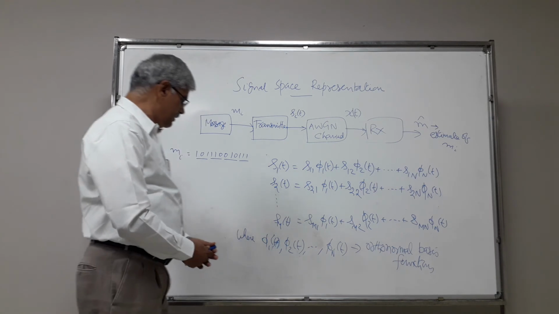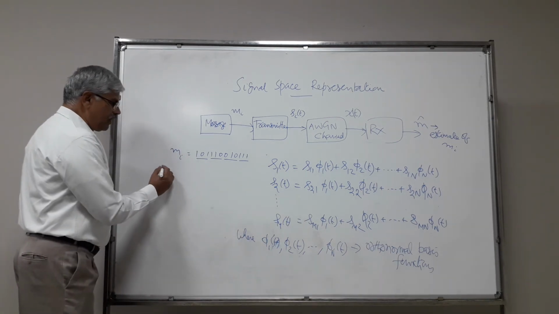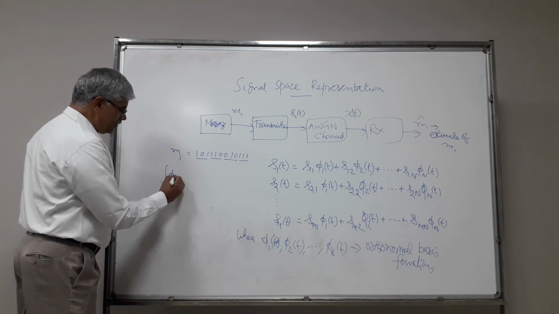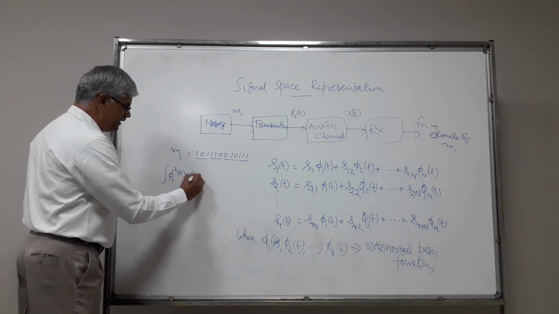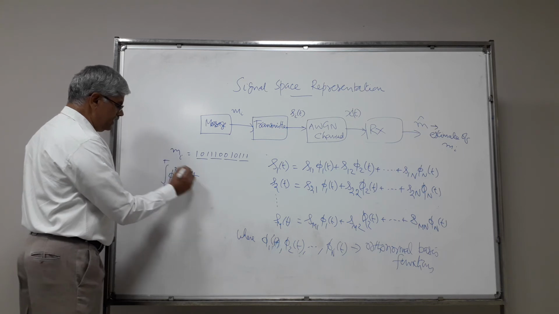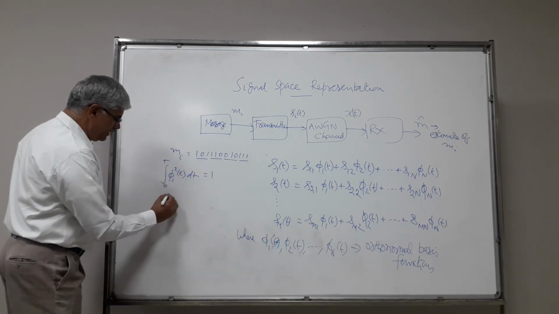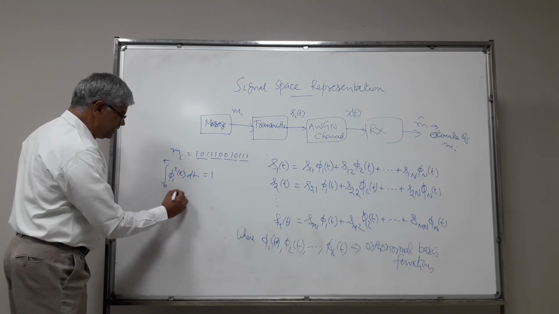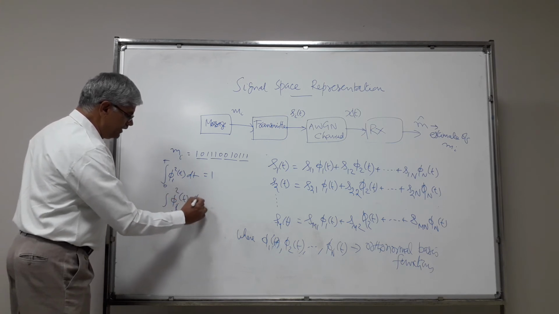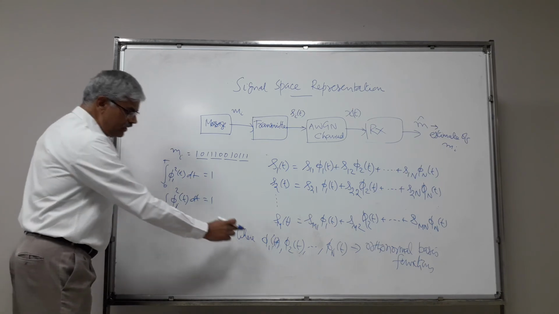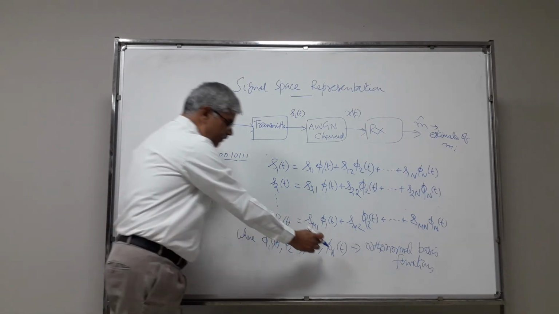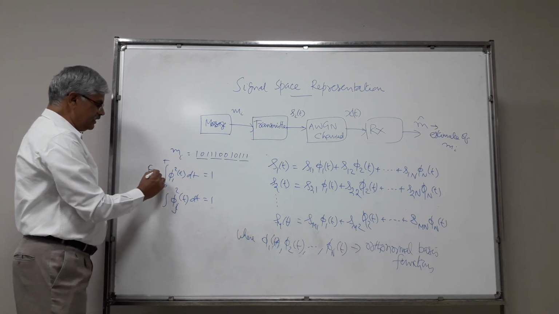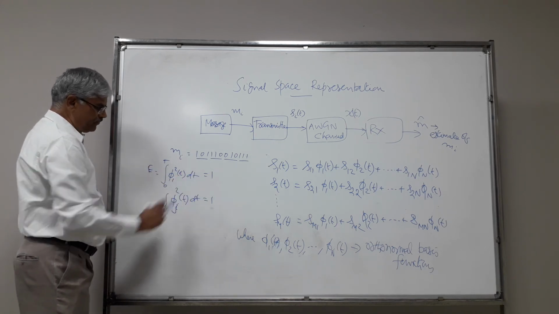because these functions will have the property that the integral of phi 1 square of t dt from 0 to T is equal to 1. Similarly, for any function, the integral of phi j square of t dt is equal to 1. So all these functions have unit energy. This is the energy of the signal, and it has unit energy.